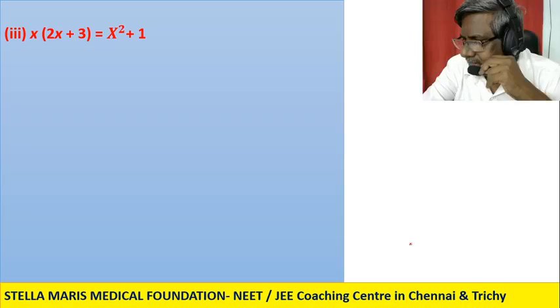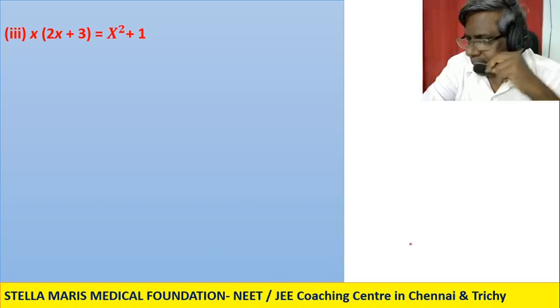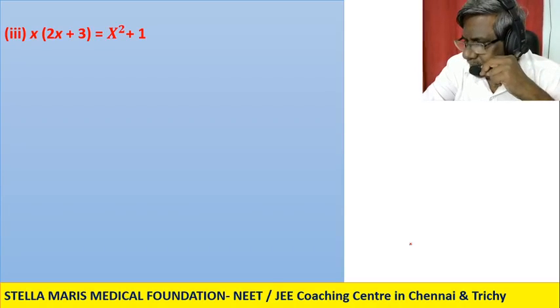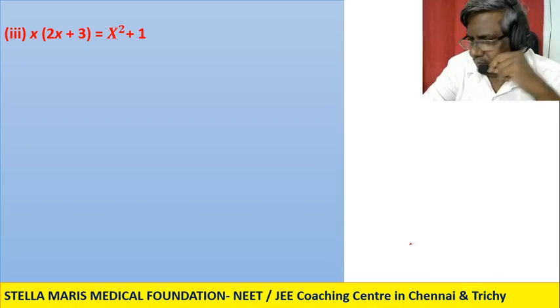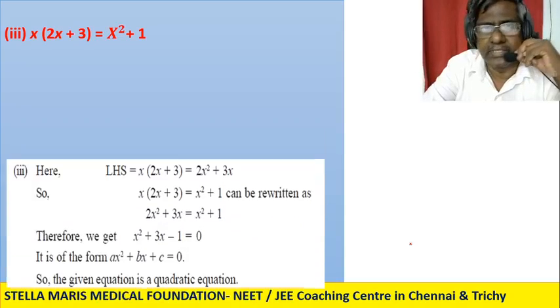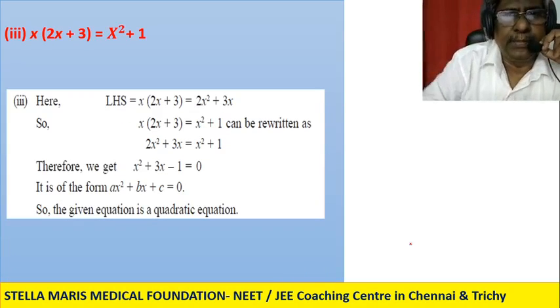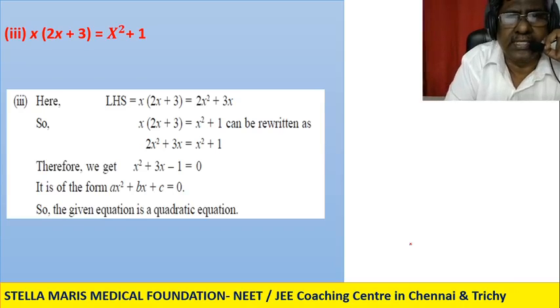Shivakumar is saying no. See, Shivakumar, what is a quadratic equation? It should come in the form of ax square plus bx plus c is equal to 0. Yes, very good, Shivakumar, very nice. See, x into 2x plus 3 will become 2x square plus 3x on this side.